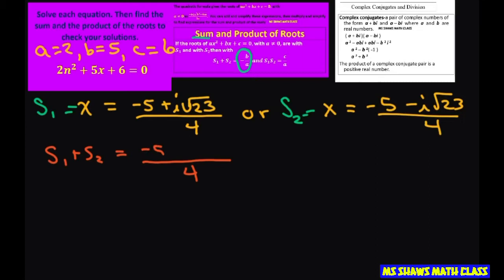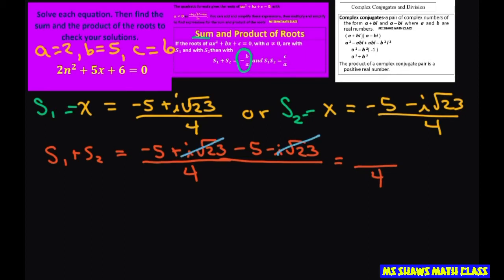We have negative 5 plus i times square root of 23, and then negative 5 minus i square root of 23. Okay, so 4 is our denominator again, and what happens is the i square root of 23 terms cancel out. We get negative 10 over 4, which is actually negative 5 divided by 2.